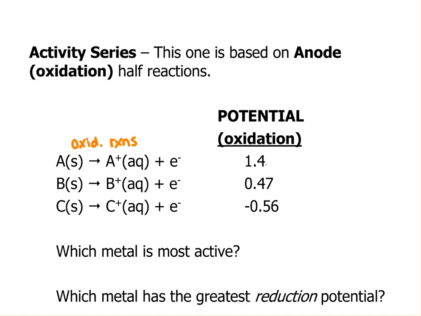And so I know which one this is, because I could write it like this, oxidation potential. If I wanted the reduction potential for this reaction, it would be the opposite reaction. It would be A plus an electron goes to A. If I flip that reaction, the reduction potential is just the same number, opposite sign.